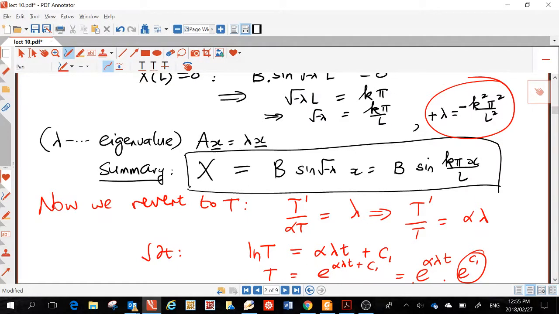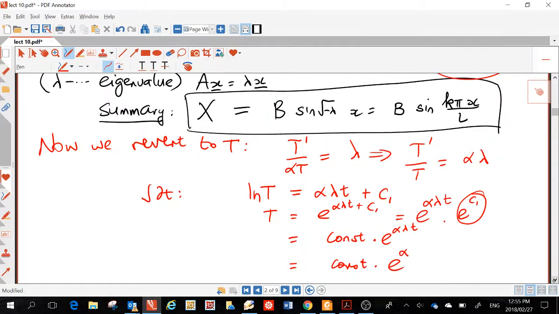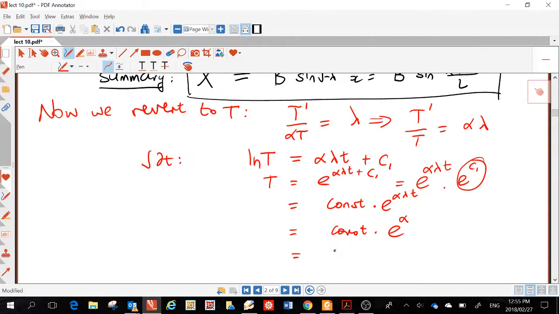So this thing here takes on a more serious look. Constant times e to the minus alpha k squared pi squared over L squared t. Okay.